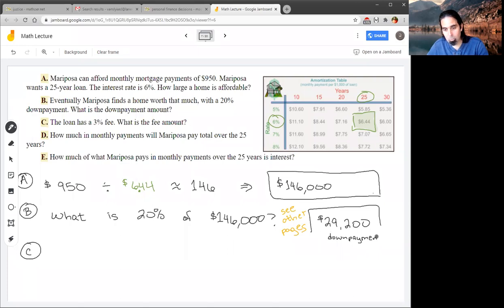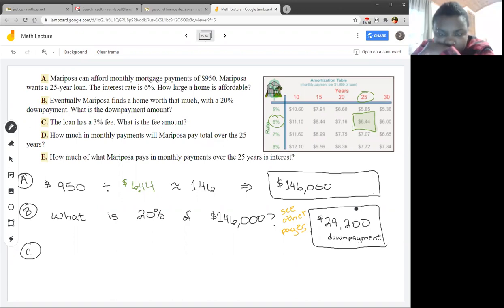How should we label part A? Would it be the interest rate?